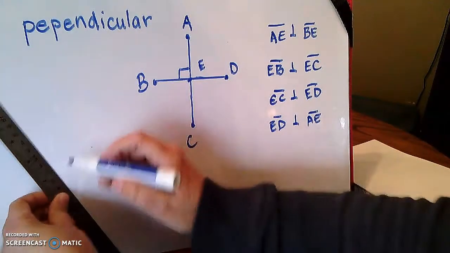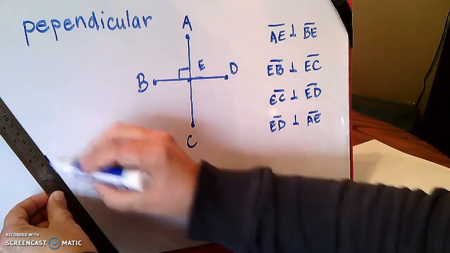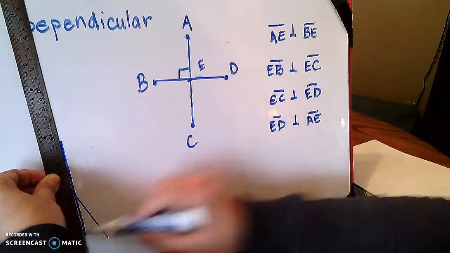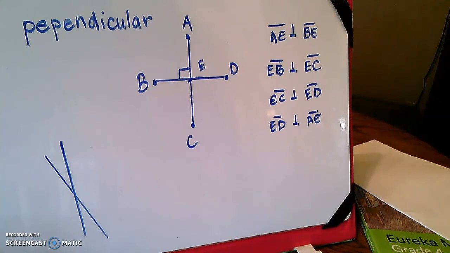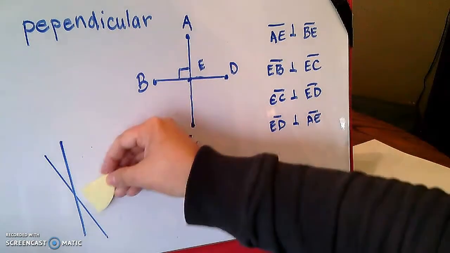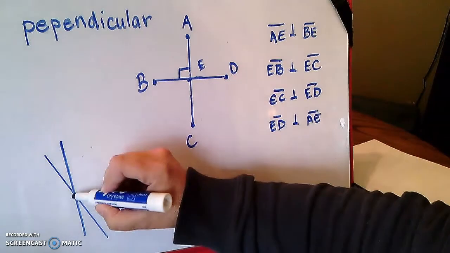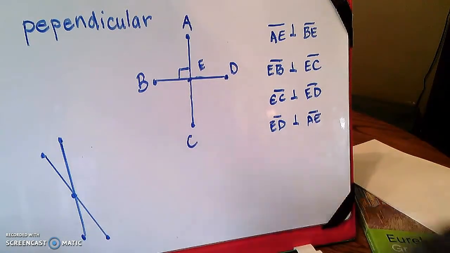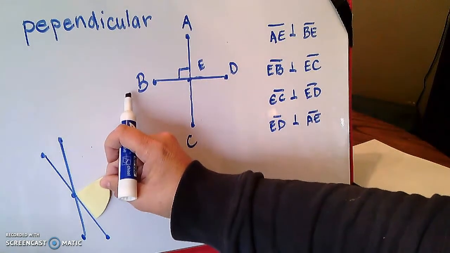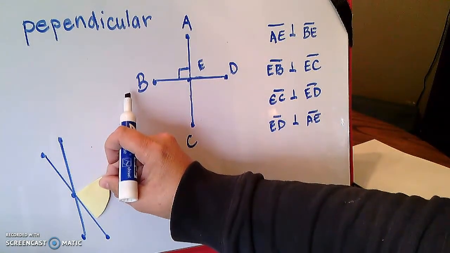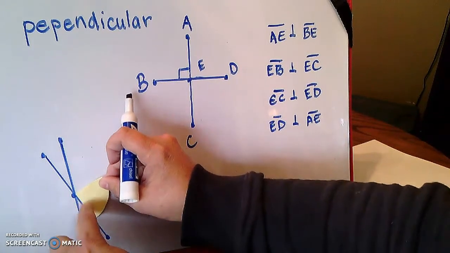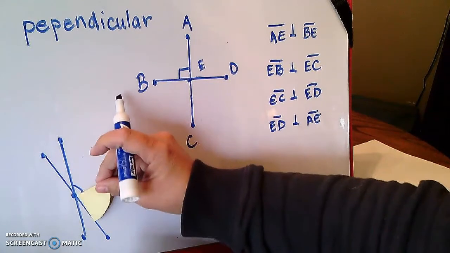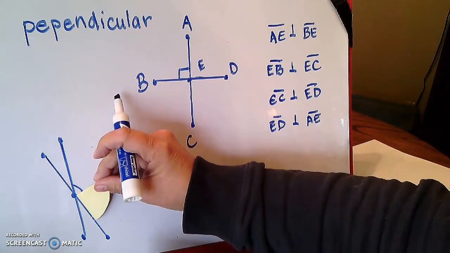Now over here, I'm going to draw two line segments, and they're going to intersect. I'm going to take my right angle measurement and put it on the vertex of this angle, and I see that this angle is larger or greater than a right angle.